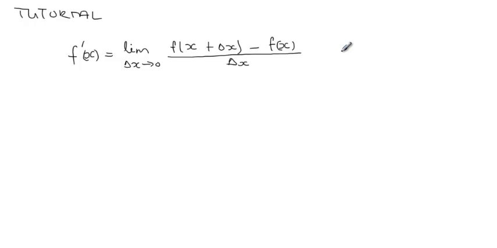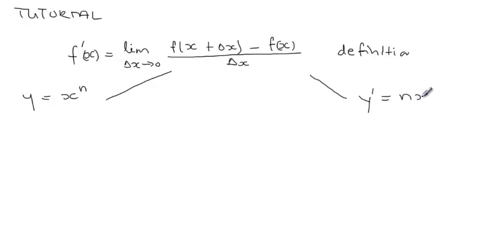So after a number of examples doing exactly this with functions with terms like powers of n, using this, we discussed and arrived at the point that this definition process will lead us to a derivative which looks exactly like this.